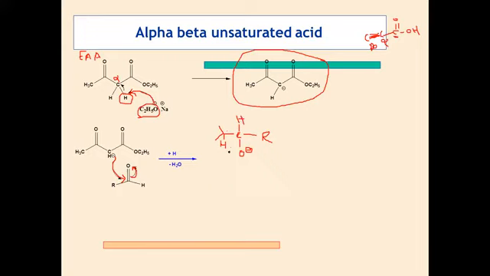So what happened here? Now this O gets converted into OH. That is the addition of H plus, and at the same step there is a loss of a water molecule, that is the loss of H2O.